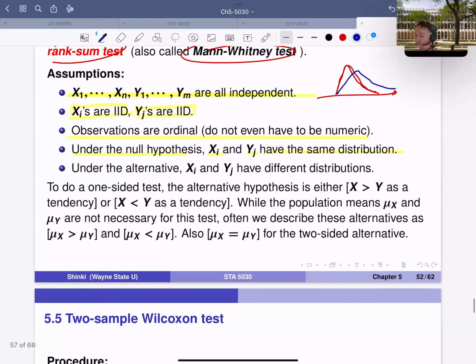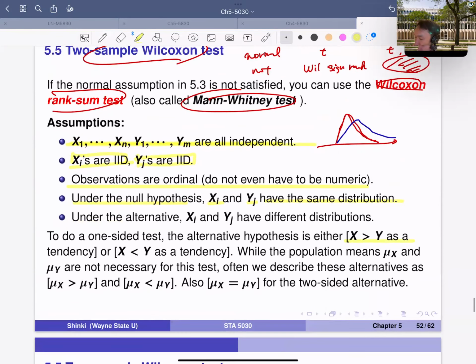And to do a one-sided test, the alternative hypothesis is either X is larger than Y as a tendency, or X is smaller than Y as a tendency. So it's vague, but for the two-sided test the alternative is simple: the Xi's and Yj's are just different. But for the one-sided test, we have to define some direction.